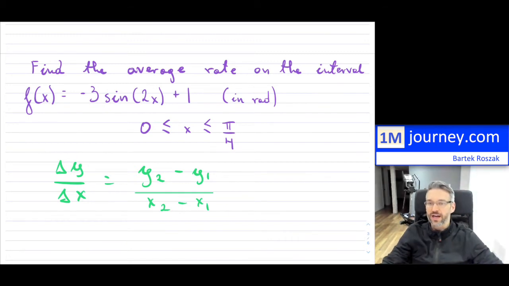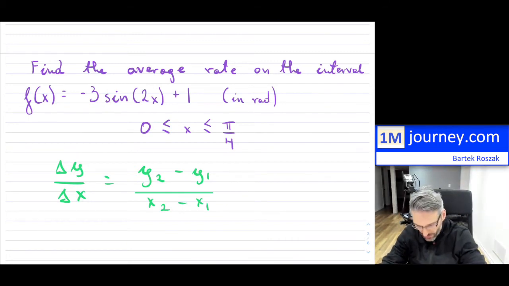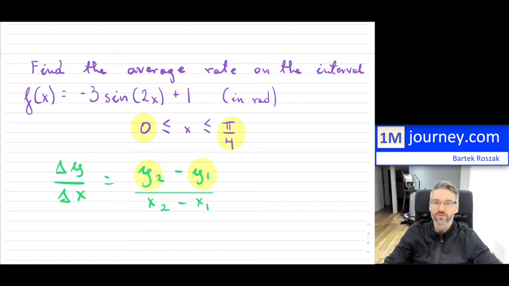But if not, then you would have to substitute, right? So we would have to take x is equal to, let's say this was x1, this is going to be x2. We plug it in, we find our corresponding y2 and y1, so we find those points, and then we can do the subtraction and we'll find the slope, right? And that would have been our average rate.